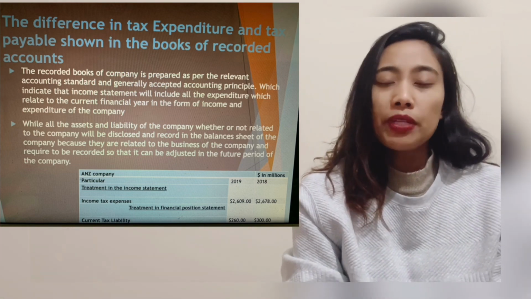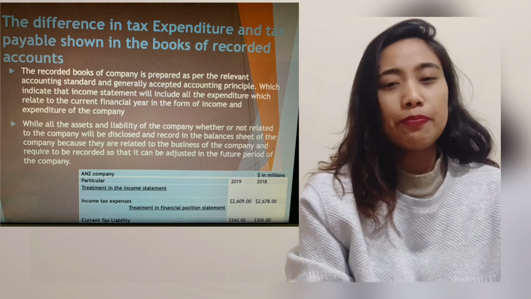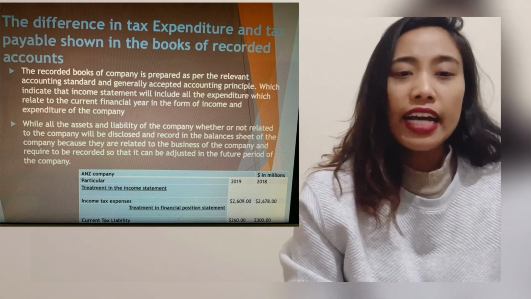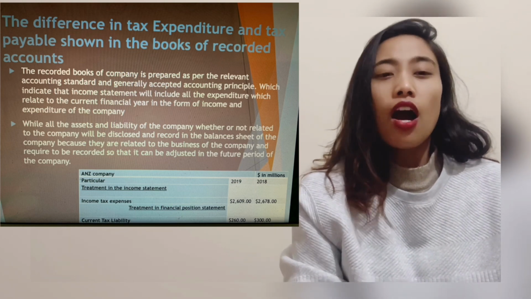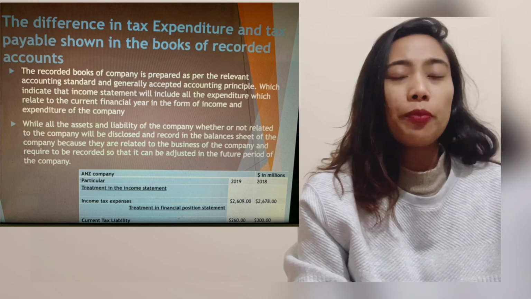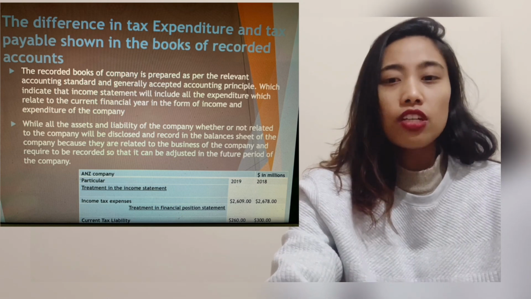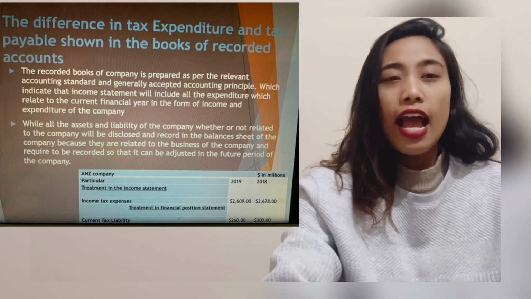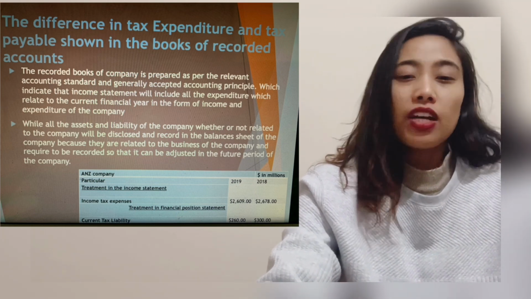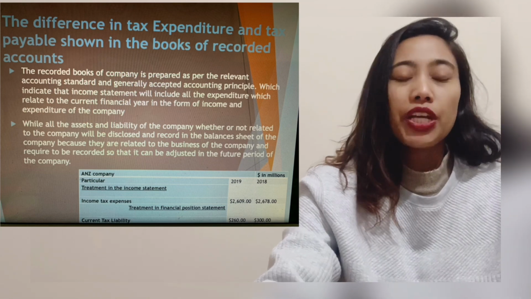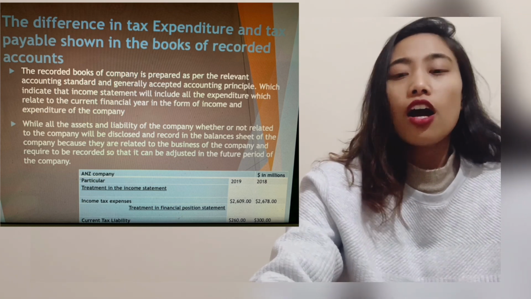The recorded books of the company have been prepared as per the relevant accounting standards and generally accepted accounting principles, which indicate that the income statement will include all the expenditures related to the current financial year in the form of income and expenditure of the company, while all the assets and liabilities of the company, whether or not related to the current year, will be disclosed and recorded in the balance sheet of the company because they are related to the businesses of the company and required to be recorded, as they can be adjusted in the future period of the company.